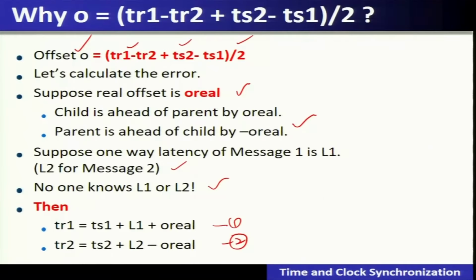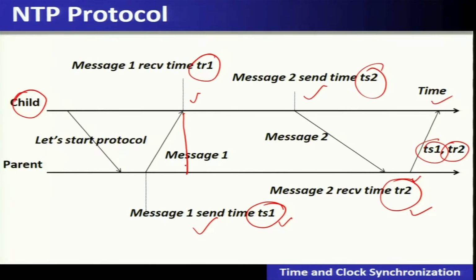Let us see from this equation what the offset is. What you will form is TR1 is equal to TS1 plus L1. So, TR1 is the time when TS1 was sent plus this delay.